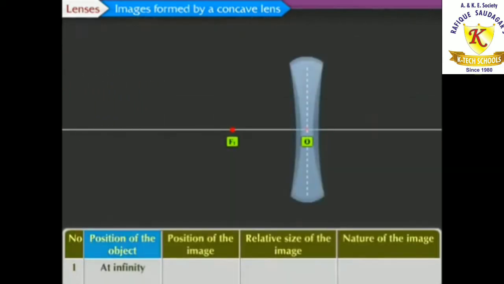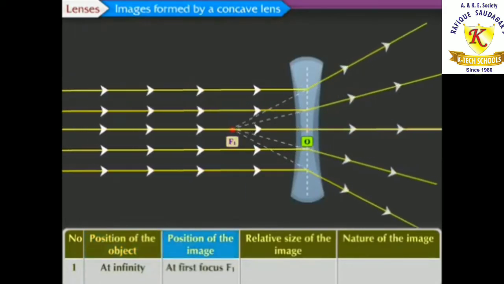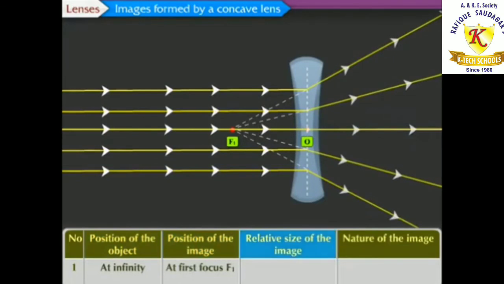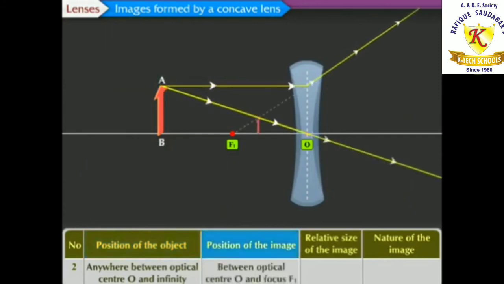Now, children, let's see the images formed by a concave lens. If the position of the object is at infinity, the position of the image would be at first focus F1, the size would be highly diminished, that is point size, and the nature is virtual and erect. If the position of the object is anywhere between the optical center O and infinity, the position of the image would be between the optical center O and focus F1.